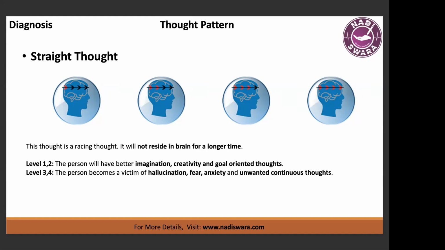The straight thought is a representation of your wind energy. Whenever there is good wind energy, you will be better in thinking and good in analysis. That normally happens in level 1, level 2.